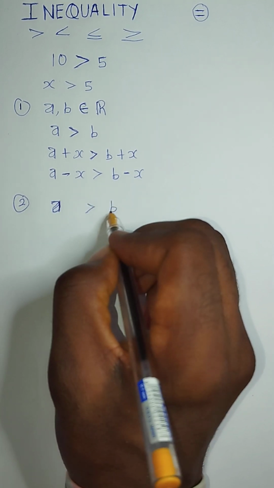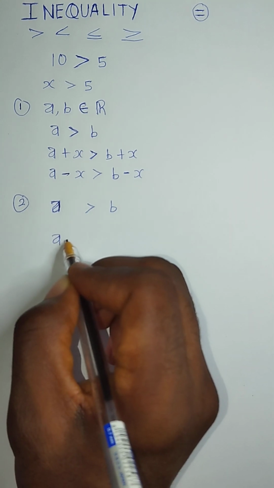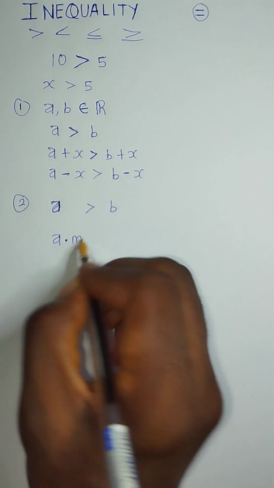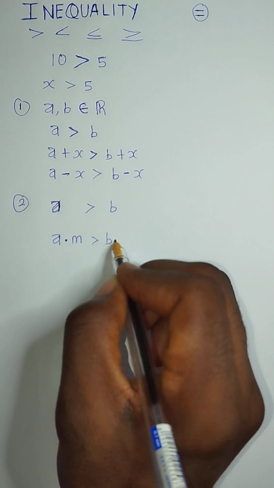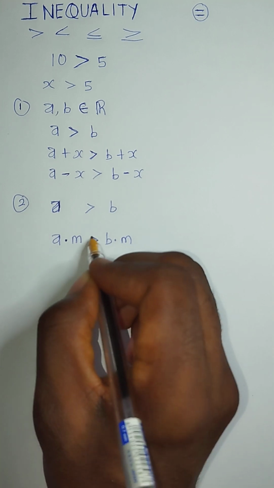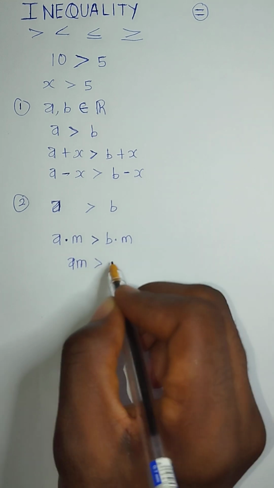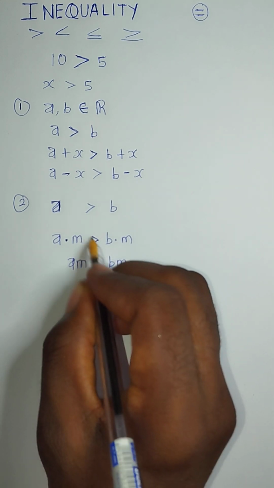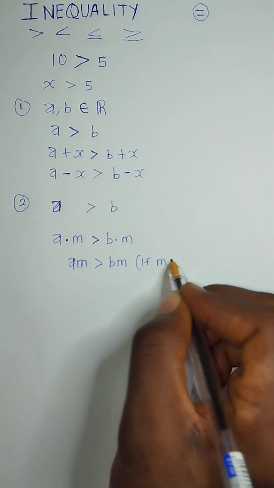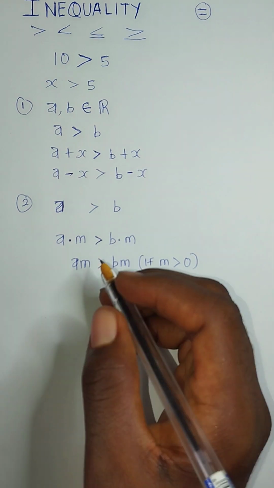If you multiply both sides by, let's take for example, a times m, also b times m, now this greater than will remain the same if and only if m is positive, that is m is greater than 0.